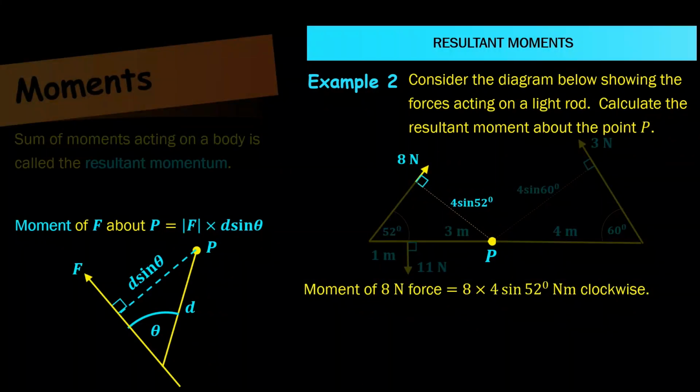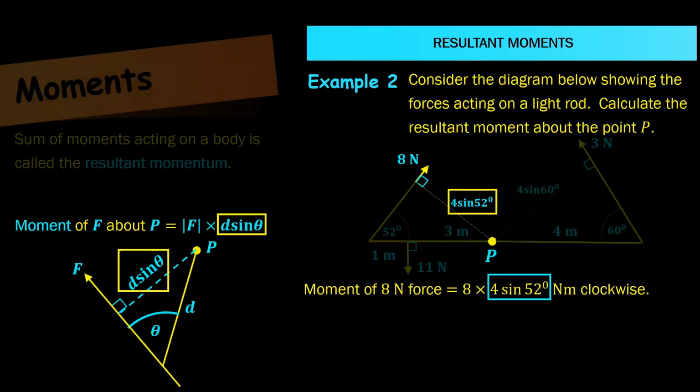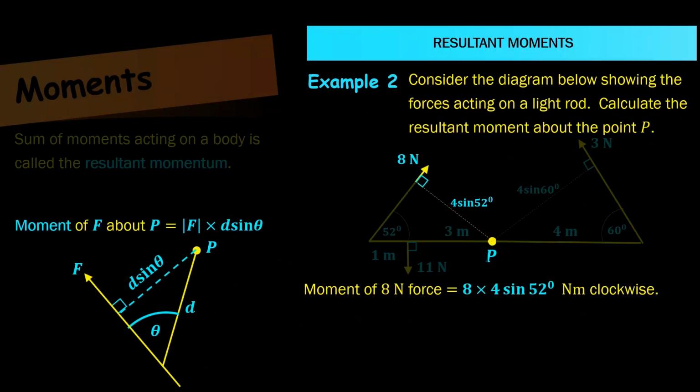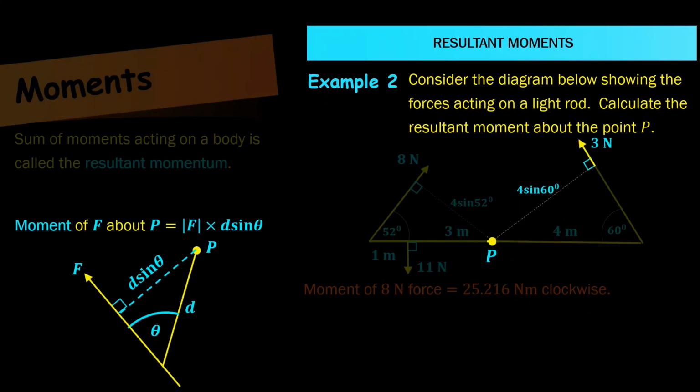Now let's calculate the moments for each of the forces. The moment of the 8 Newton force equals 8 times 4 sine 52 degrees, which equals 25.216 Newton meters clockwise. Now for the 3 Newton force.